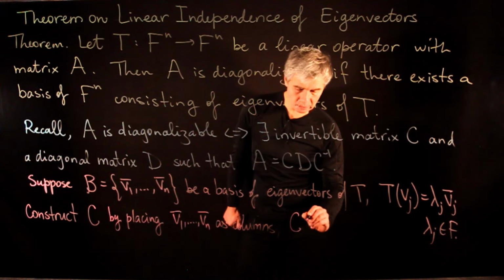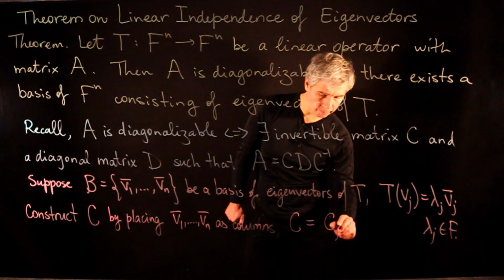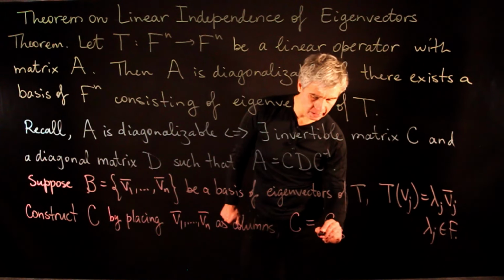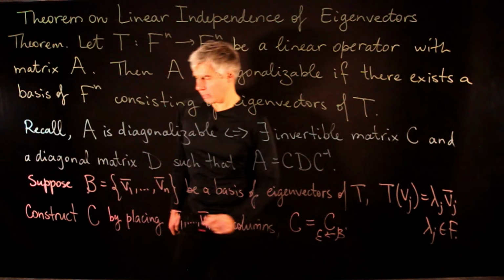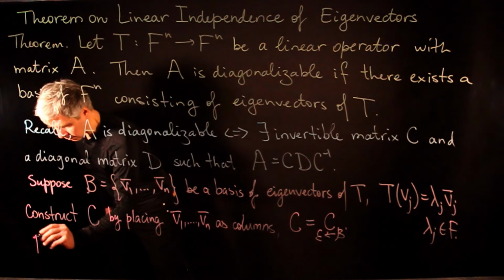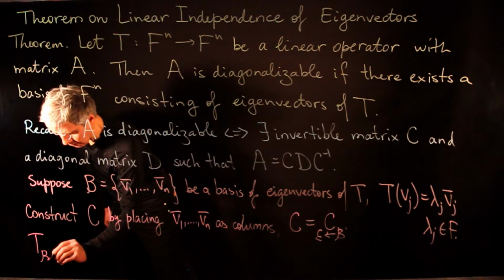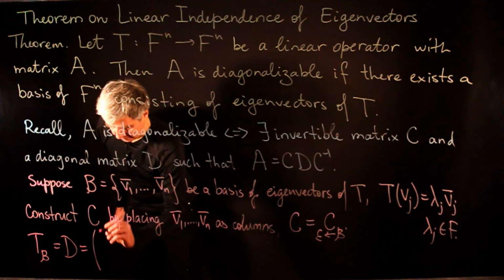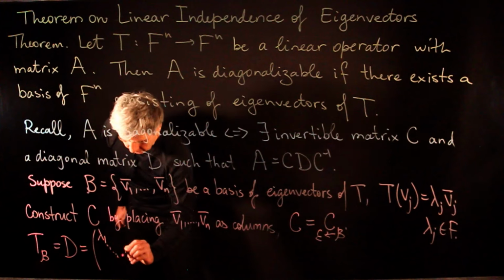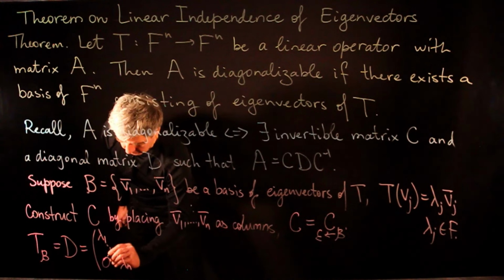Now, this matrix is the change of basis matrix from basis B to the standard basis. Since Vj's are eigenvectors, the matrix of T in basis B is going to be diagonal, and so it will have eigenvalues on the diagonal.